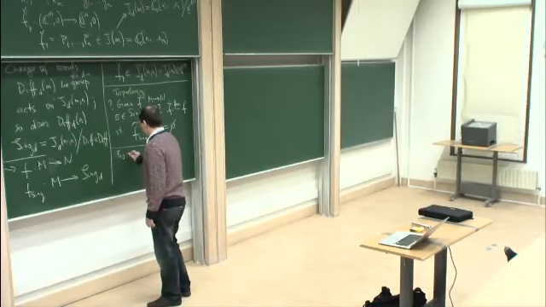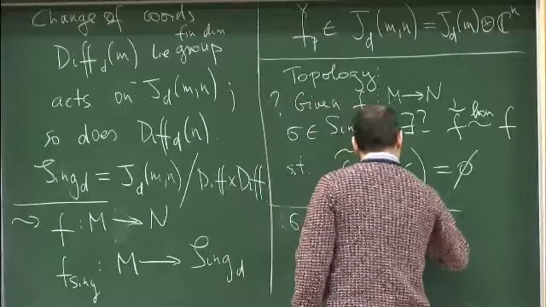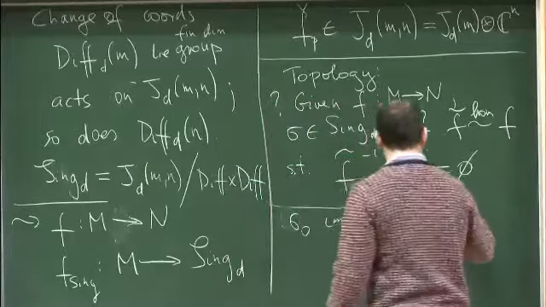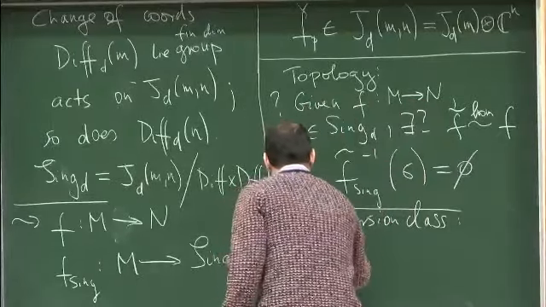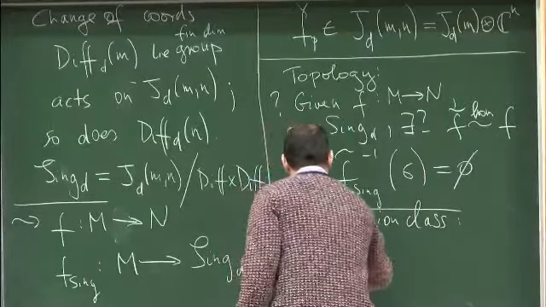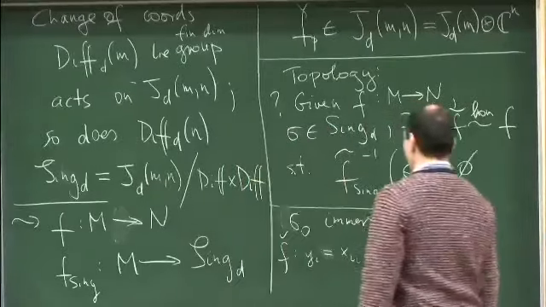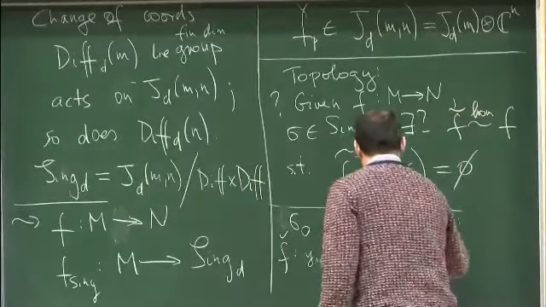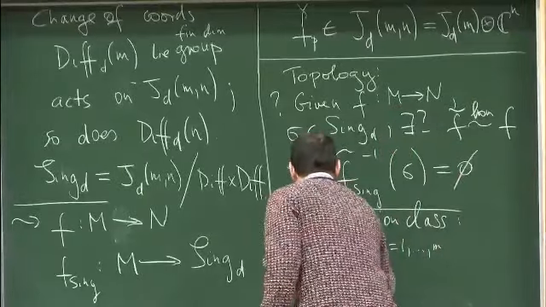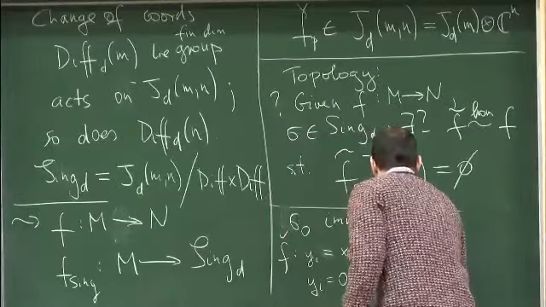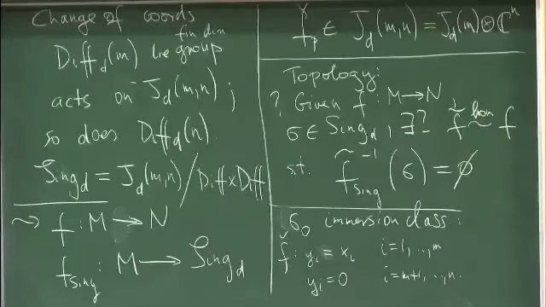So sigma 0 is the immersion class, which is represented by, if you like, yi equals xi. So I'll write it in this f check as a set of equations for i equals 1 up to m, and then yi equals 0 if i is greater than m. Right, so this is the immersion class.